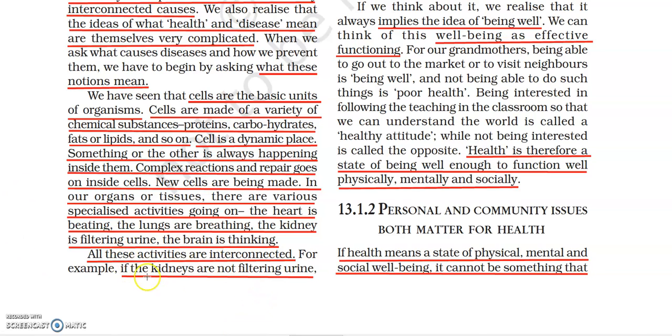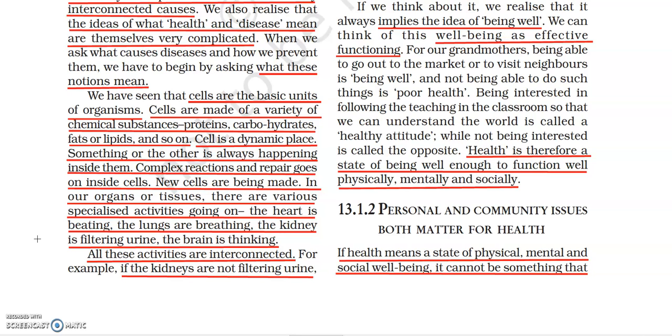Now, all these activities are interconnected, of course, right? Right now I'm teaching you, we are studying something, I'm able to look at the screen, I'm able to read the lesson, I'm able to explain it to you, right? Means I can see that my eyes, my brain, everything is working. I'm speaking right now at this moment.